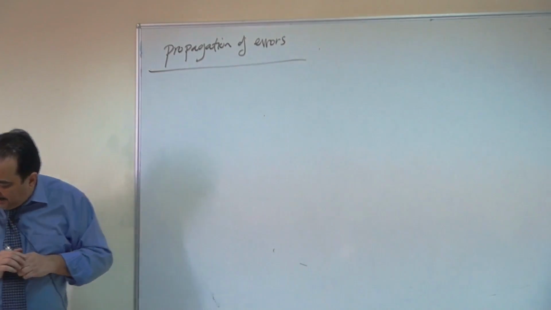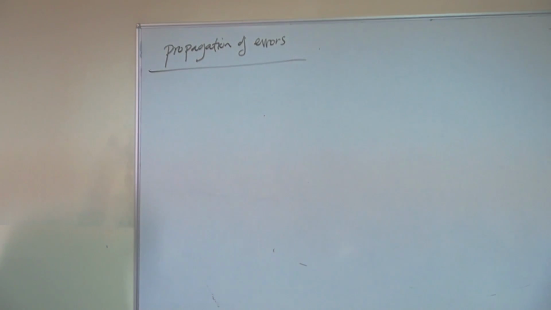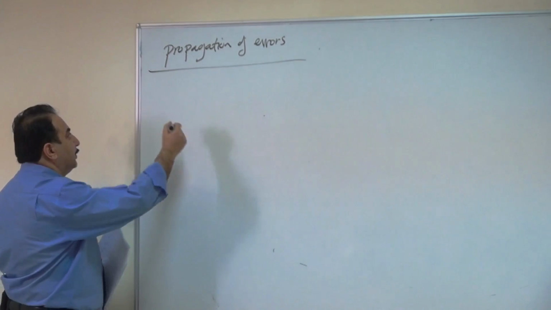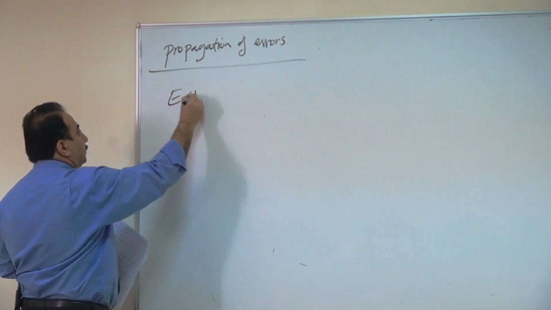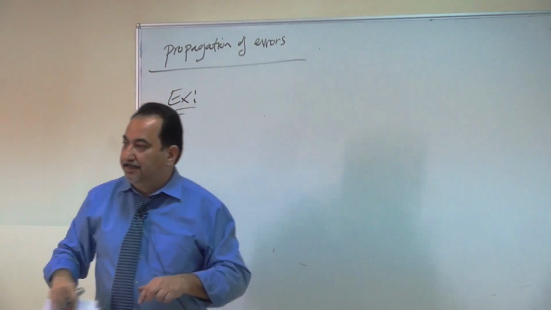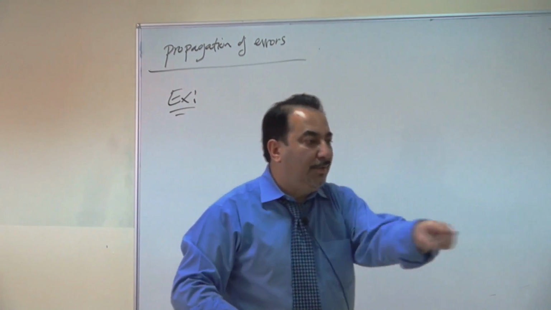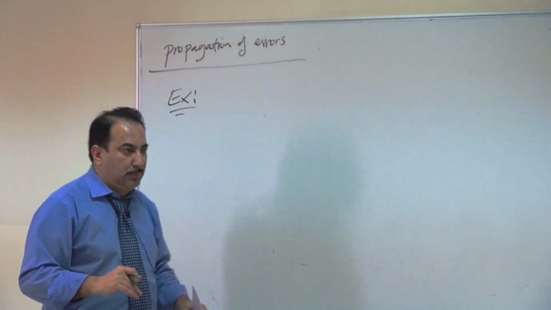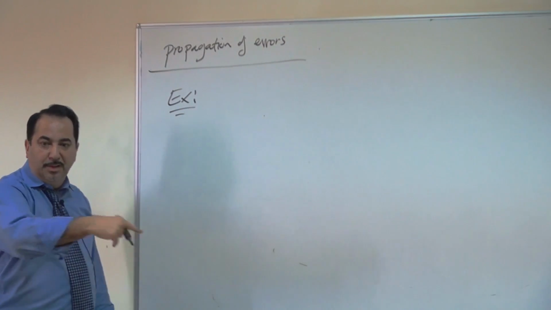I'll start with the example, it's better. Let's say I have this room. I want to find the area of the floor of this room. So what do you need to measure? Length and width.